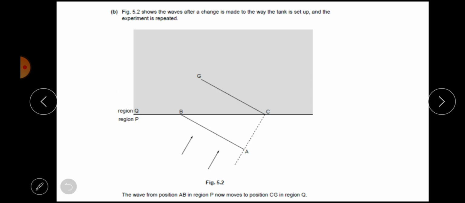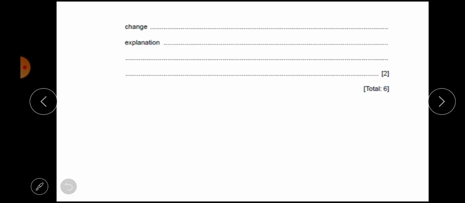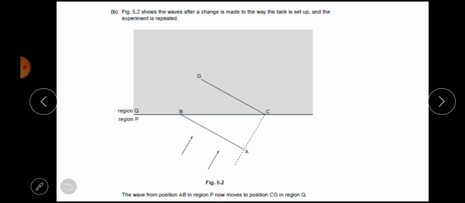Figure 5.2 shows the waves after a change is made to the way the tank is set up and the experiment is repeated. So here, A B, we get C G. The wave from position A B in region P now moves to position C G in region Q. Then, what is the question here?